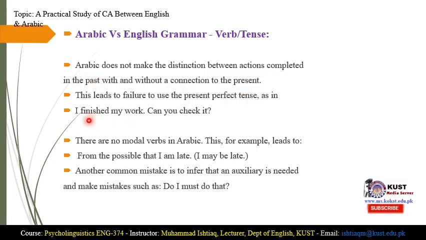So, "I finished my work, can you check it?" Look, "can you check it" means this is a recent completion of the task. So Arabic speakers say "I finished," but an English speaker would have said, "I have finished my work. Can you check it, please?"